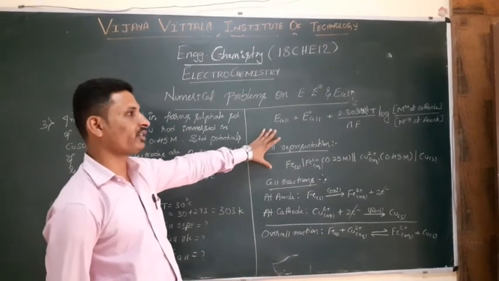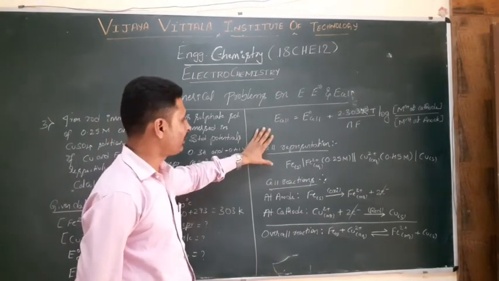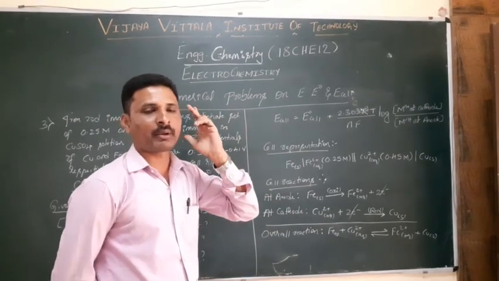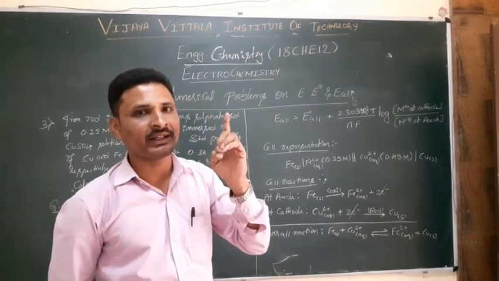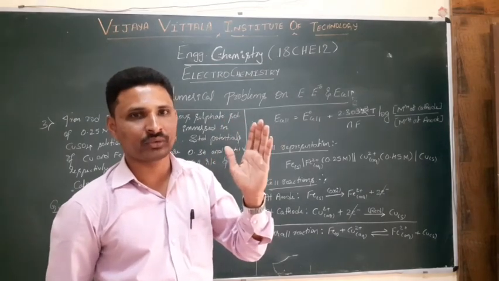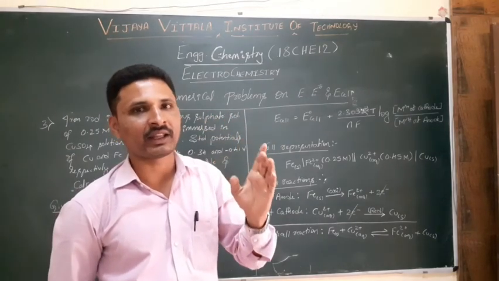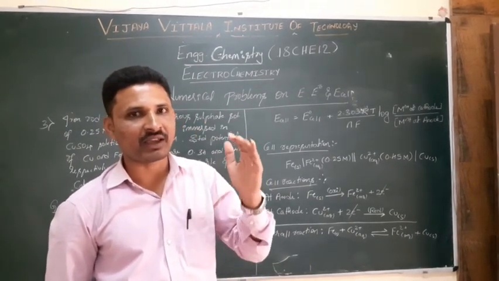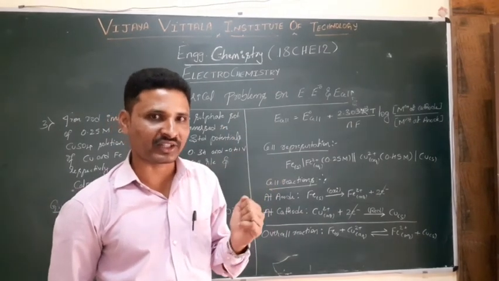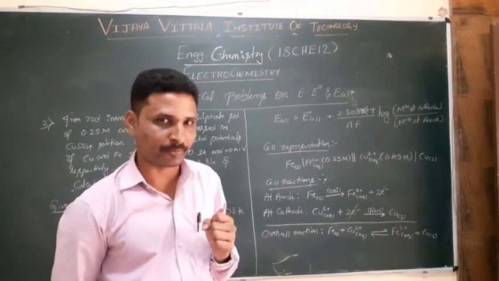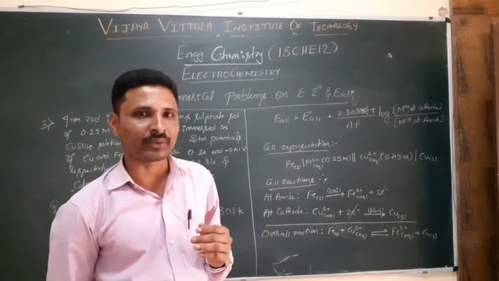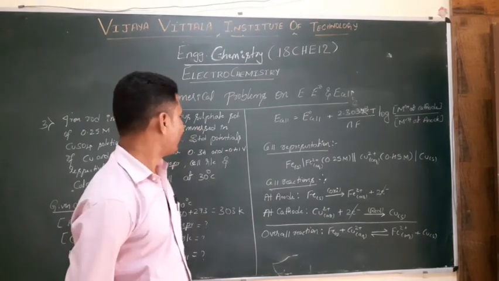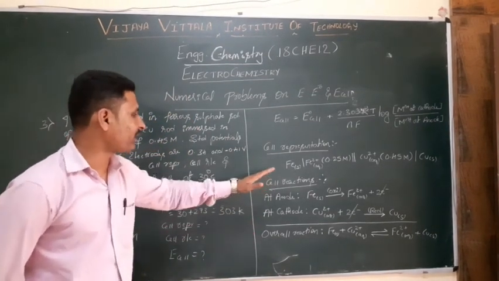This cell representation carries 1 mark, just the representation, the notation of the cell. You have to remember how to identify the anode and cathode. As I am telling again and again, the anode undergoes oxidation, that means it has the lower standard electrode potential value, so that acts as the anode and the remaining one acts as the cathode.